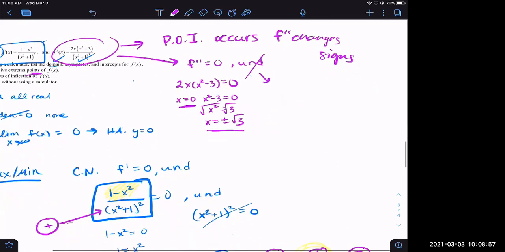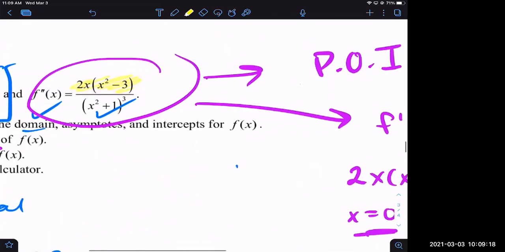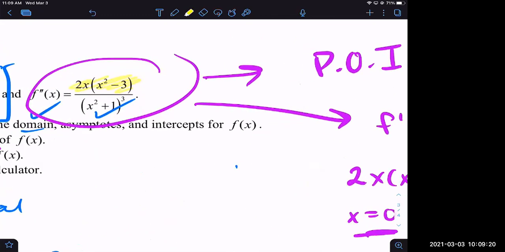In order to be a point of inflection, I need to confirm that the second derivative changes signs. I can do this pretty quickly without doing anything else. Kind of the same thing as the last one: the bottom is always positive, so I'm really only concerned with the sign of the numerator. I know that it always changes because that's a cubic function with 3 distinct zeros, meaning it has to cross each time.